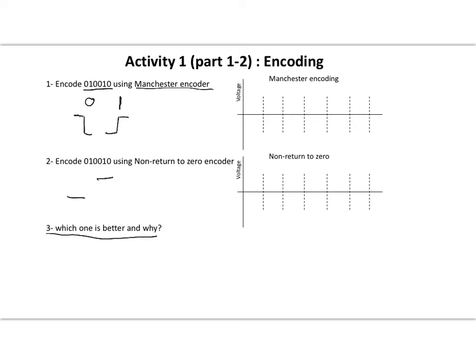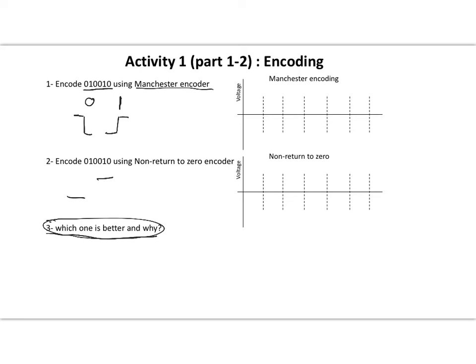I'll give you 1 or 2 minutes, and if you have the confidence about solving this, particularly number 3, I need you to articulate and talk about the difference, which one is better, meaning what are the advantages of one over the other. If you have the confidence, raise your hand.